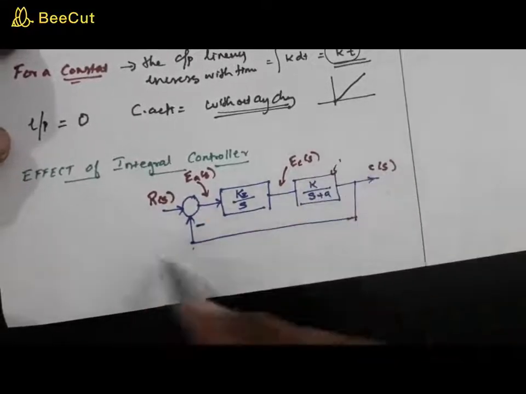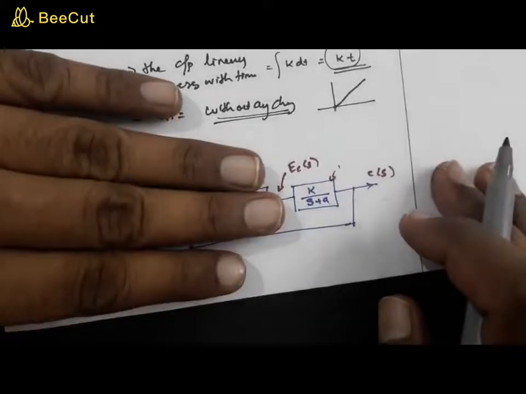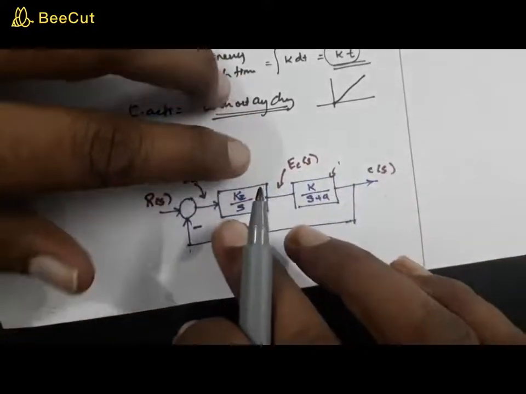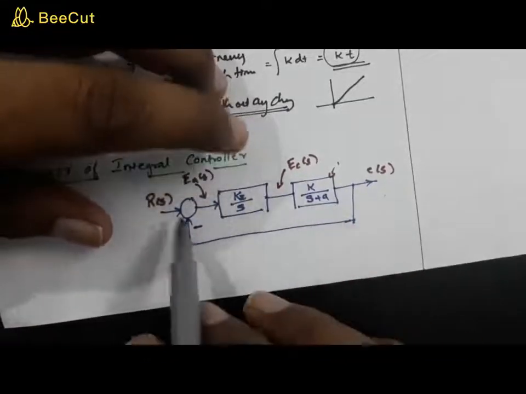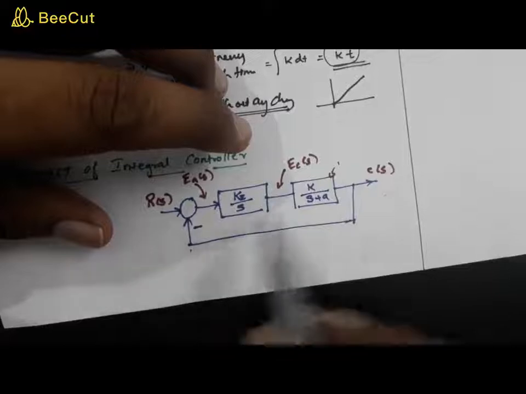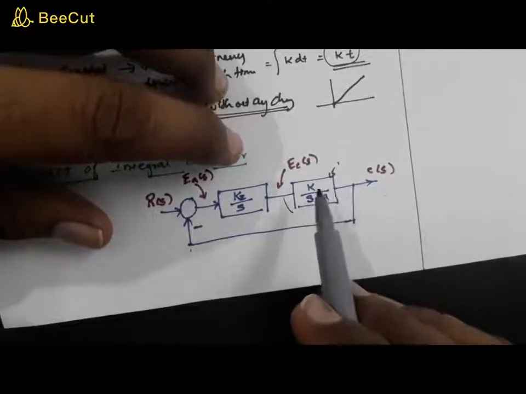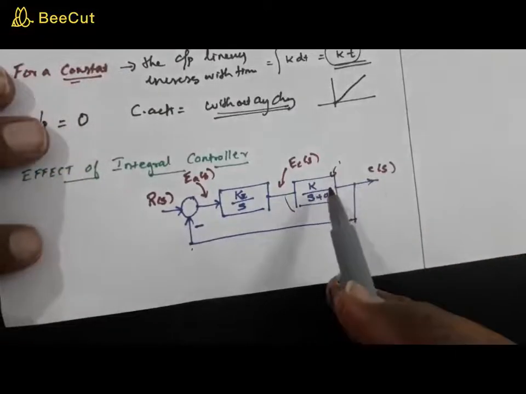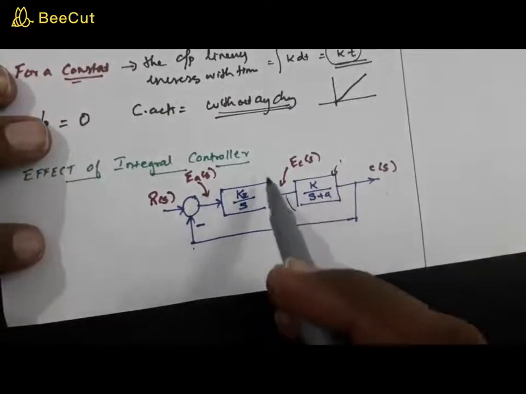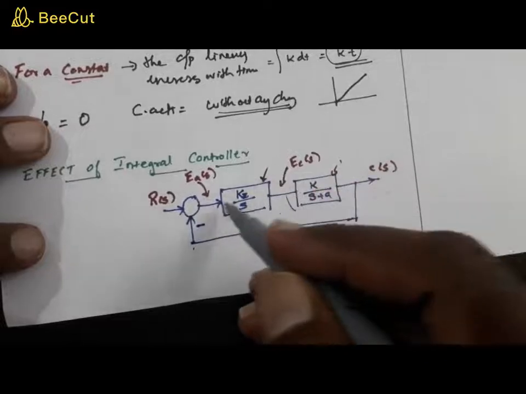Now, this is a block diagram. First of all, imagine that you don't have any block like this, so that this is a simple unity feedback system with forward transfer function K by (s plus a). Now, what we are doing is adding a block which is Ki by s.